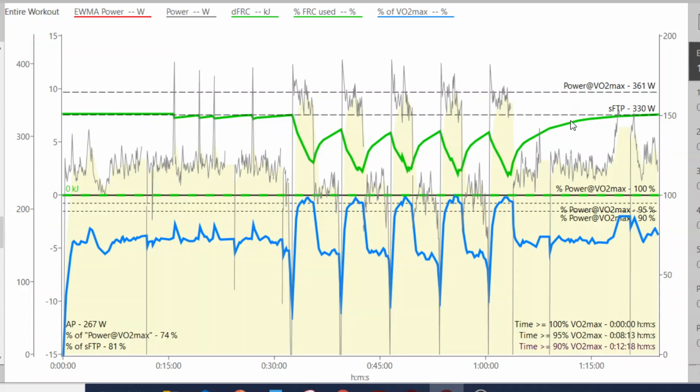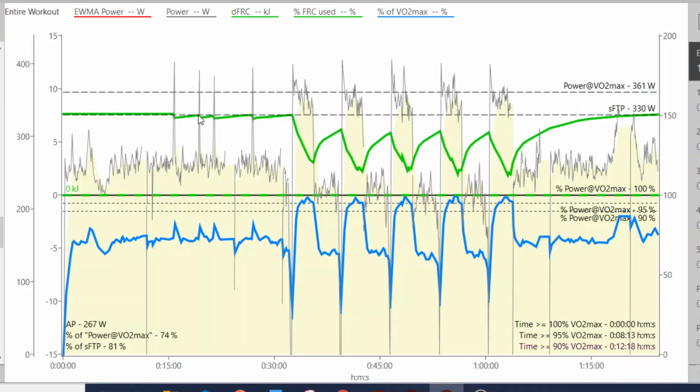And you can see that FTP is marked here. When power exceeds FTP, then FRC, or the reserve work capacity, is being depleted, is being used for that power above FTP.